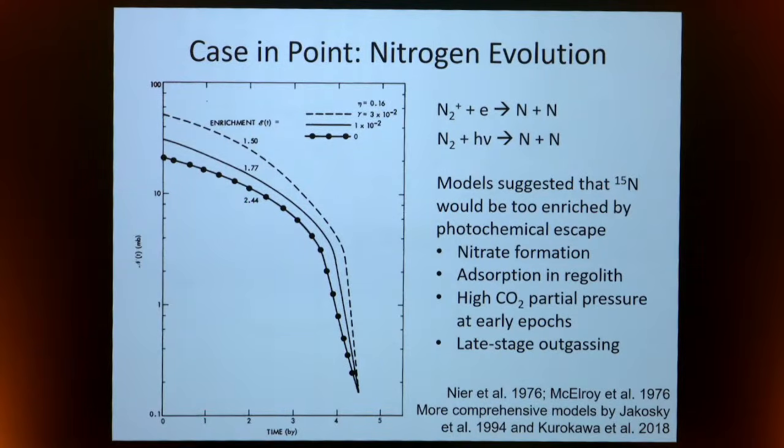So if you do not include any other processes, you will get nitrogen-15 much more than what has been measured by Viking. And this is still true with the Curiosity measurements.